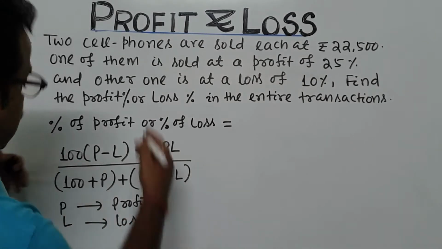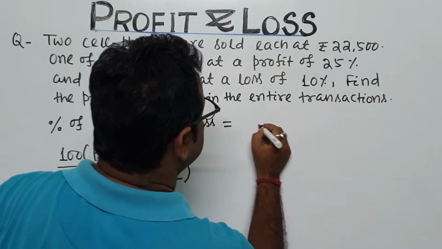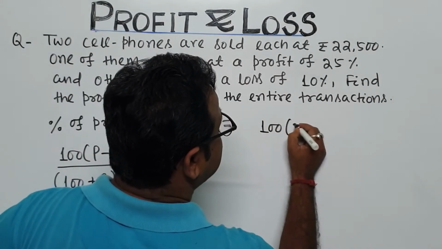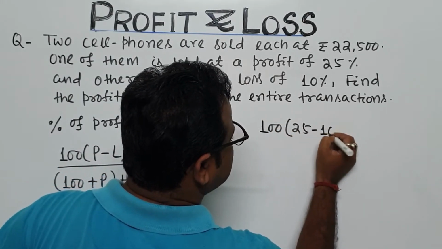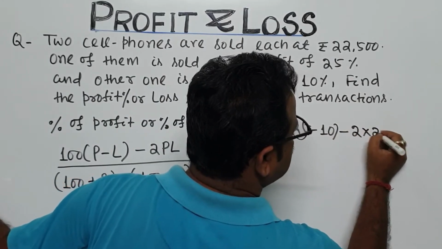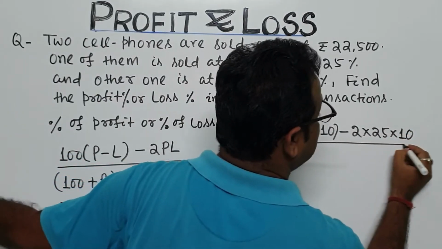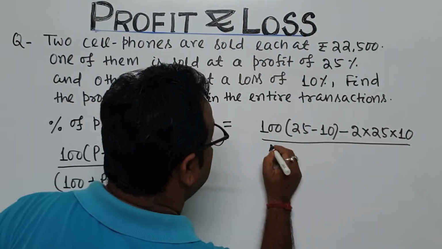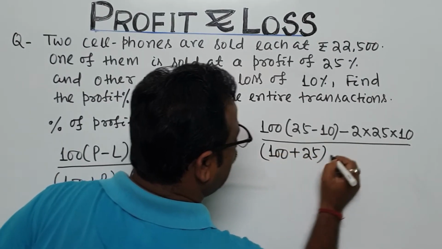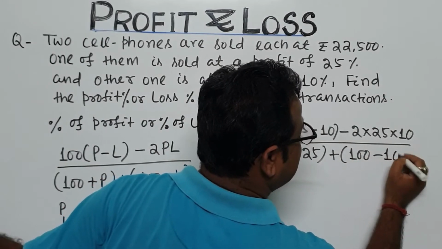So here this formula I will put here: 100 into (25 minus 10 minus 2 into 25 into 10 by 100) whole divided by 100 plus 25 plus 100 minus 10.